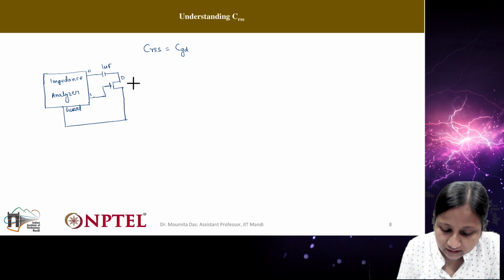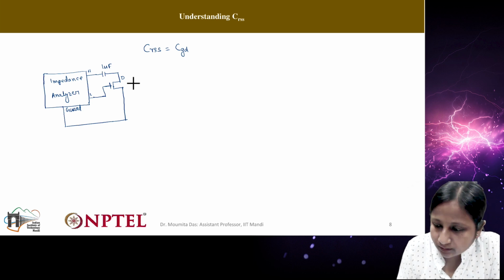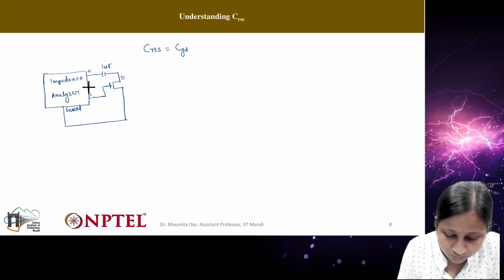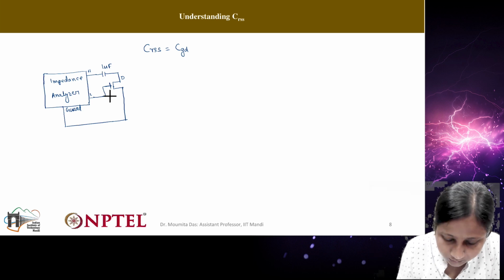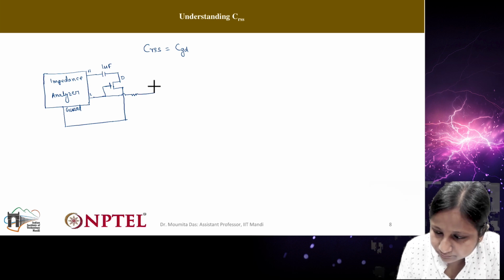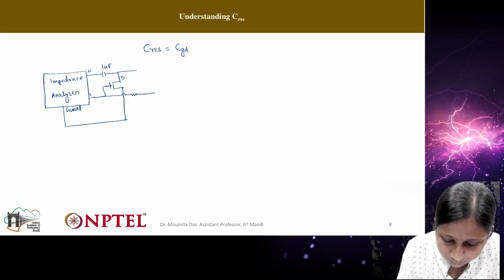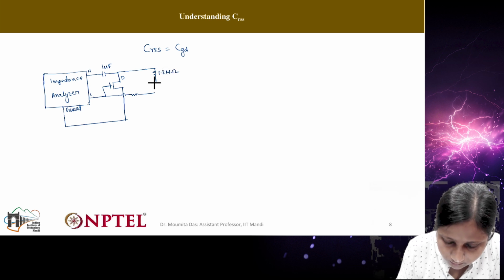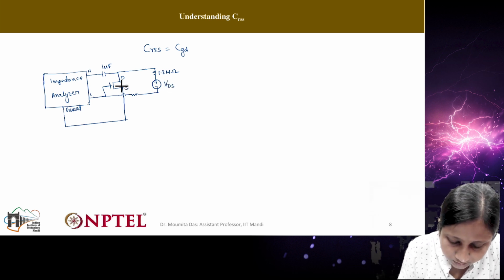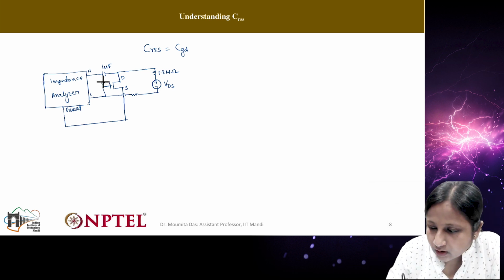That is why this characteristic is going to be a bit different. Then this will be connected to the output through one resistance, and it is connected to VDS. Okay, so this is the source terminal, this is the gate terminal.